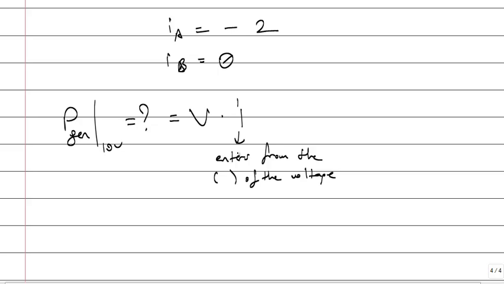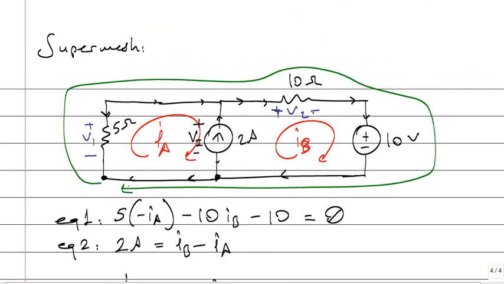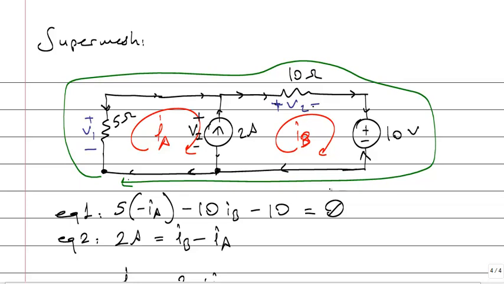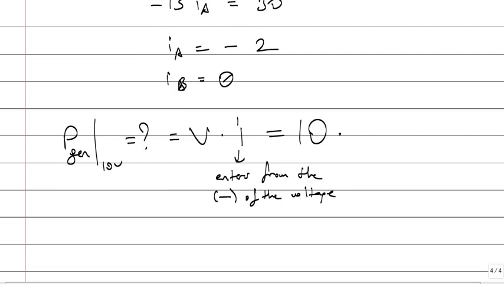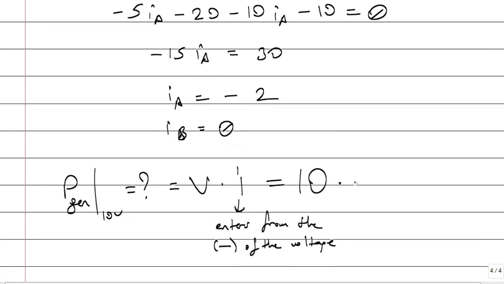Generated power means voltage times the current entering from the negative side of that component. Voltage is already given, that's 10. What's the current entering from negative? Minus IB. What's IB? 0. Minus IB is equal to 0 watts. Okay?